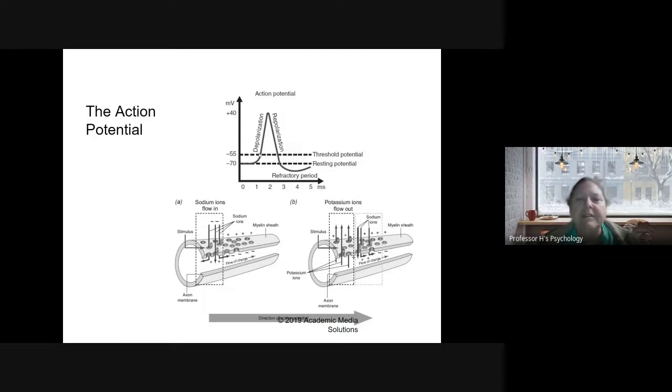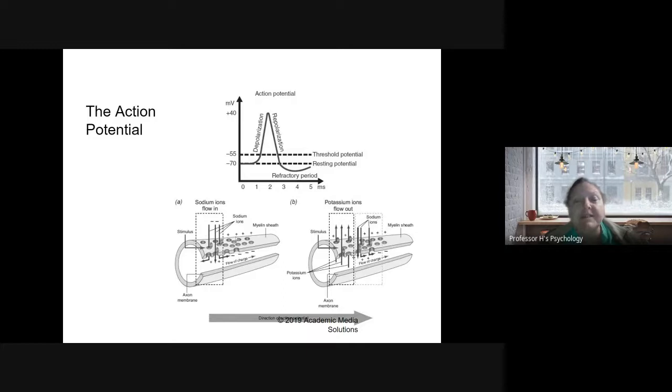At that point, that particular area of the axon is completely depolarized. It's way depolarized, back to about positive 40 millivolts. So it goes completely from a negative charge to a really positive charge.